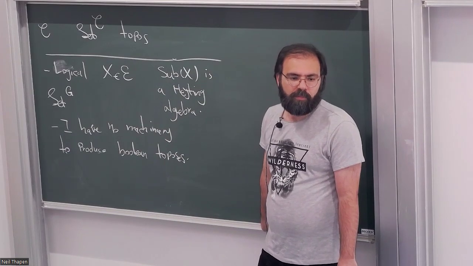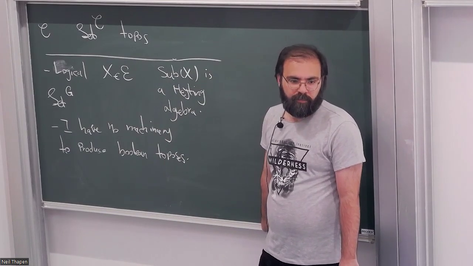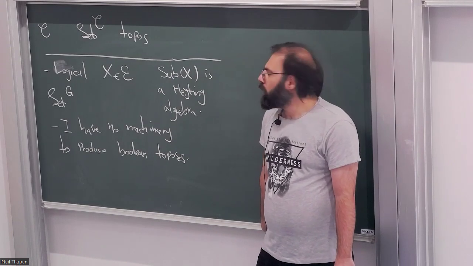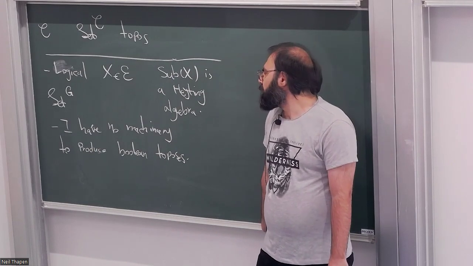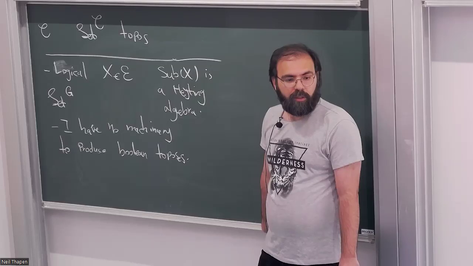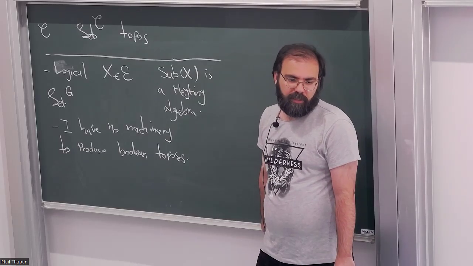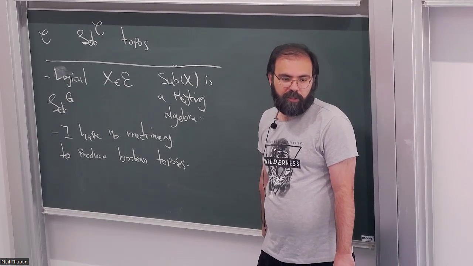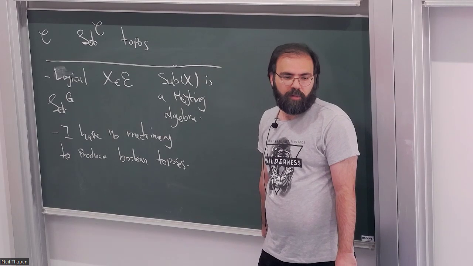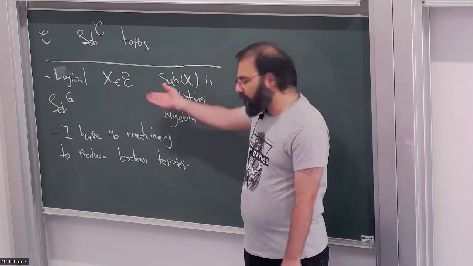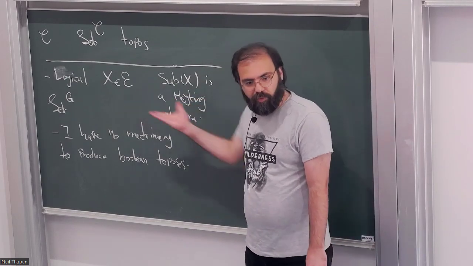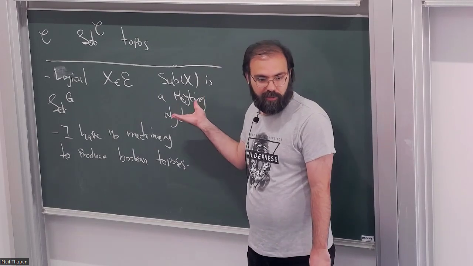For this being a Heyting algebra, what is the structure? So you have disjunction, conjunction, and implication. But the implication is Heyting implication. There's some particular way of defining these. Because you have the structure of a topos, you always have these structures here.